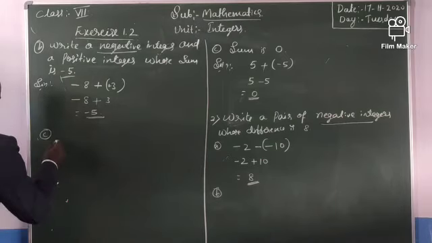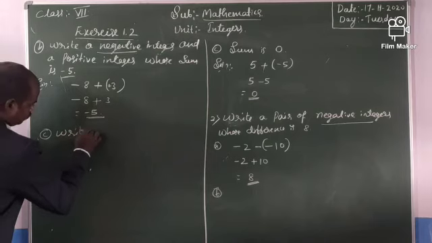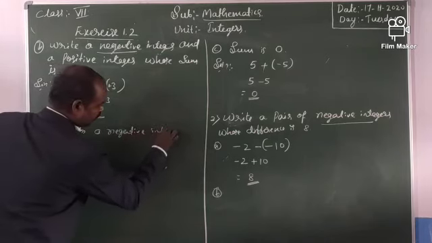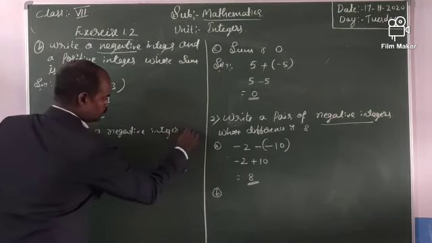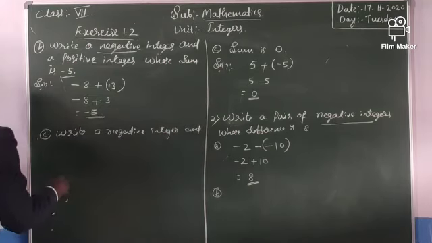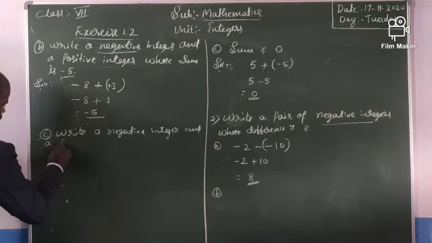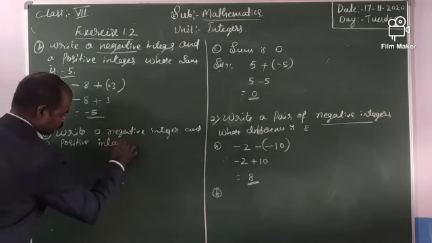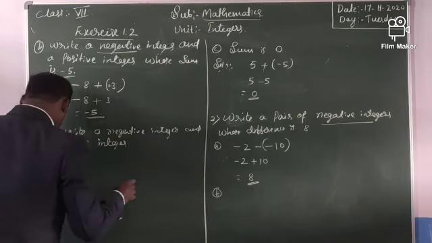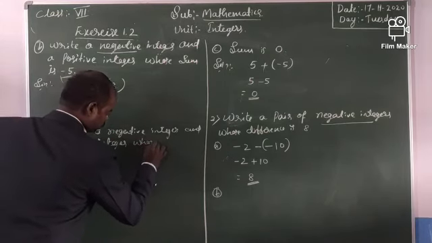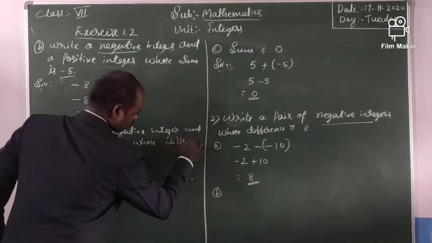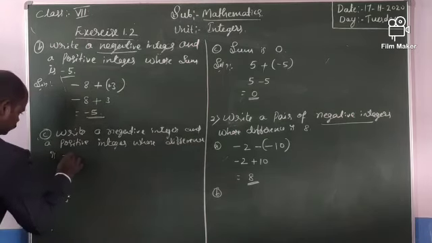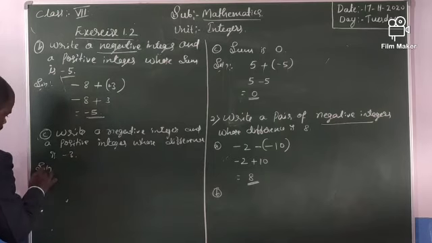Next, the third one. Write a negative integer and a positive integer whose difference is -3.